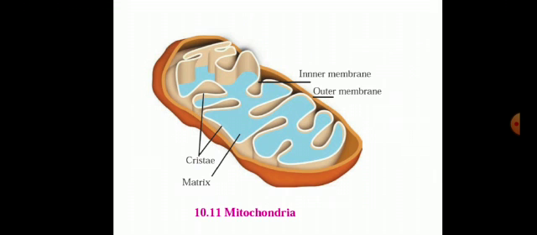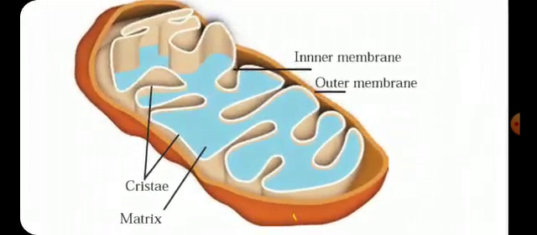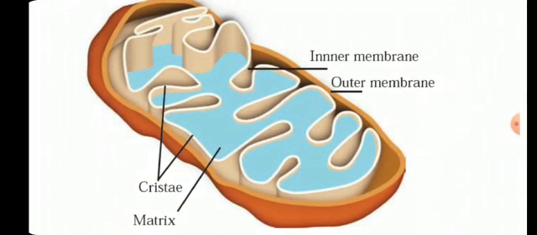It is a double membrane structure. It has two membranes. The outer membrane is porous and the inner membrane is deeply folded.